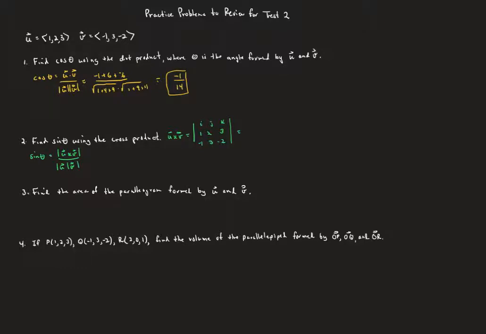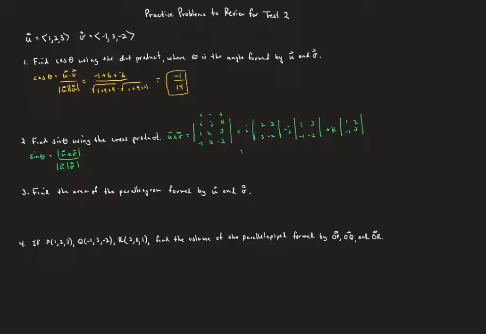We're going to use expansion by minors along that first row. So we'll get i times its minor, 2, 3, 3, negative 2, and then minus j times its minor, 1, 3, negative 1, negative 2, plus k times its minor, 1, 2, negative 1, 3.